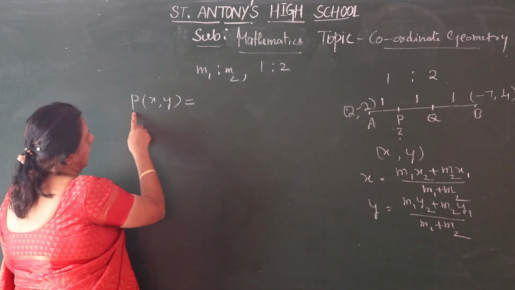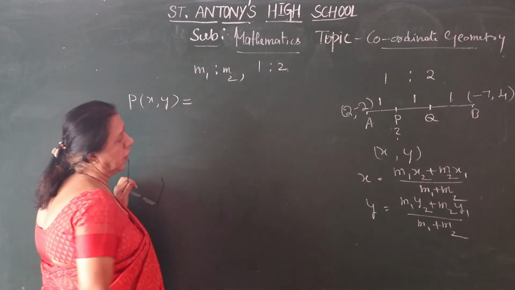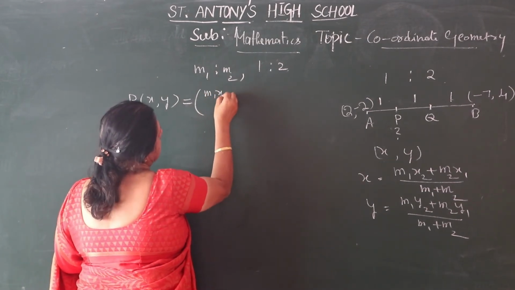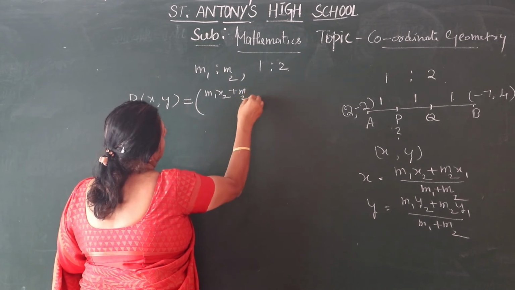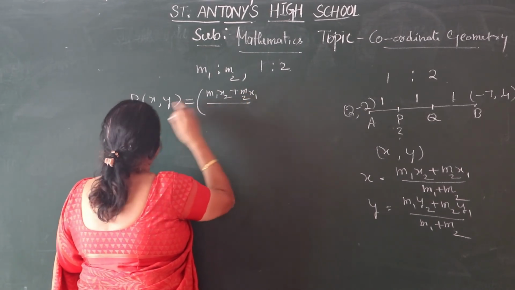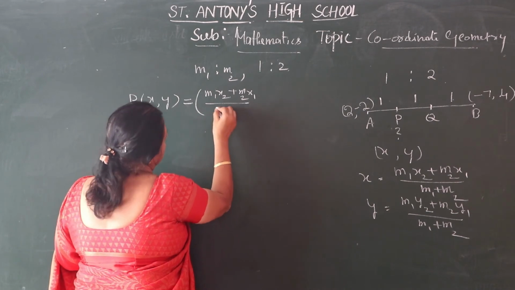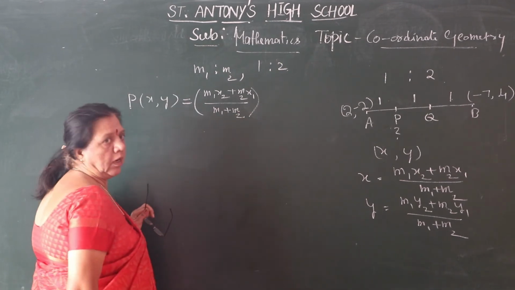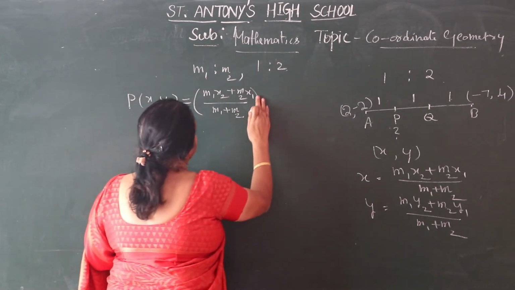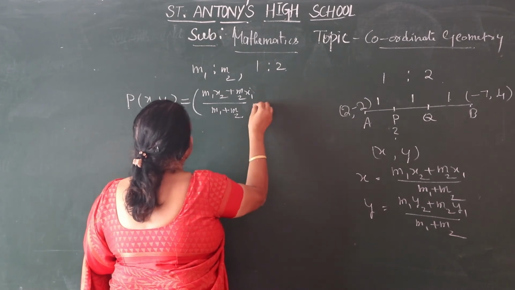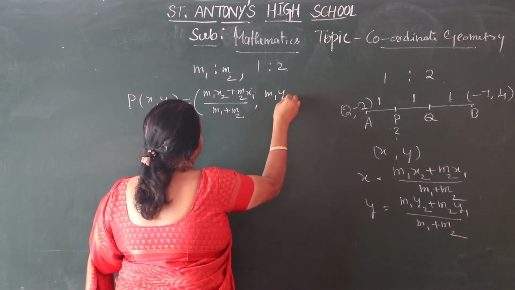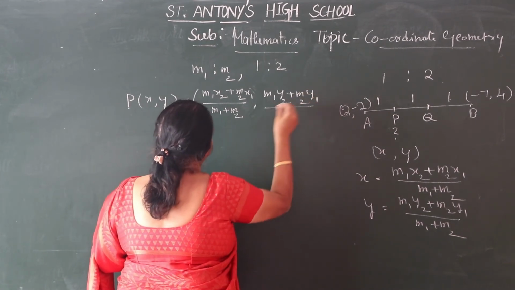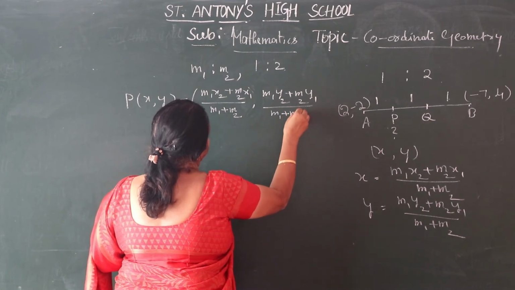Now let us go to the P(x, y) coordinates. You know the formula: x is M1 X2 plus M2 X1 by M1 plus M2, and y is M1 Y2 plus M2 Y1 by M1 plus M2.